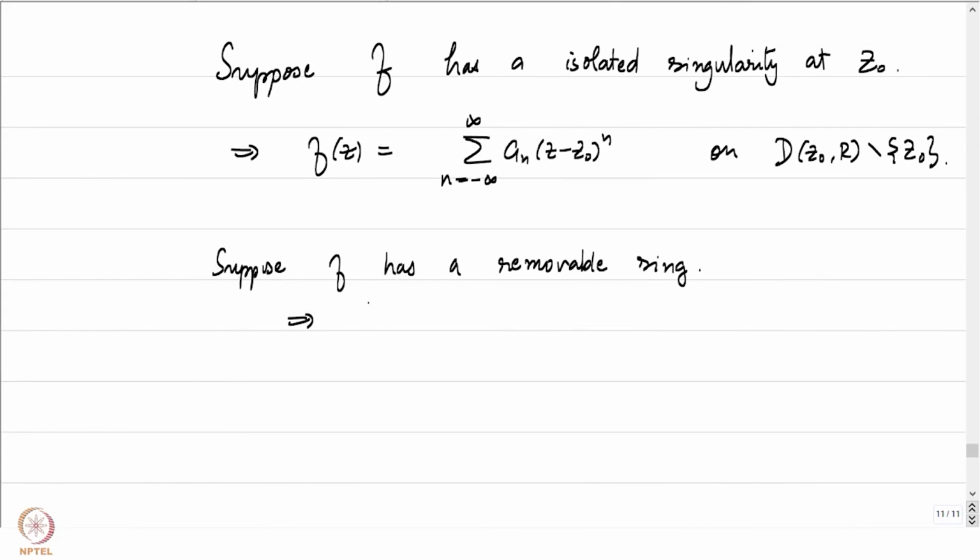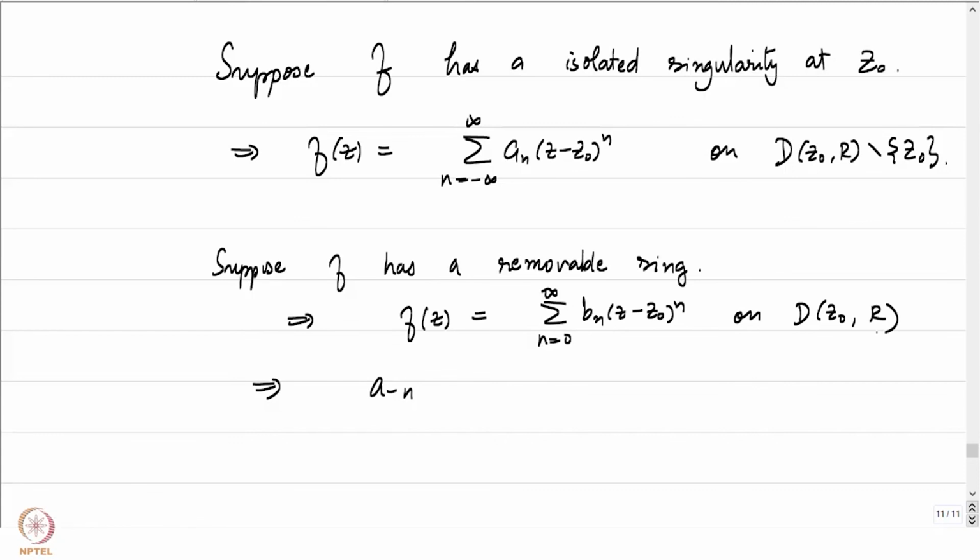And by using the power series expansion there, f of z is going to be equal to the summation of b_n (z minus z0) to the power n, where n is equal to 0 to infinity. And that tells us that a_{-n} in the Laurent series expansion, this is on D(z0, R), so in particular it's in D(z0, R) minus z0 as well. And by the uniqueness, we have a_{-n} equal to 0 for all n less than 0.